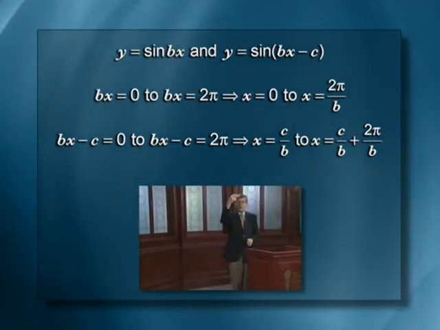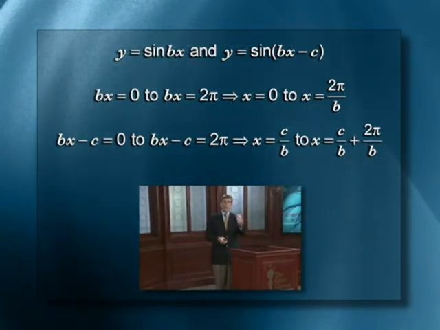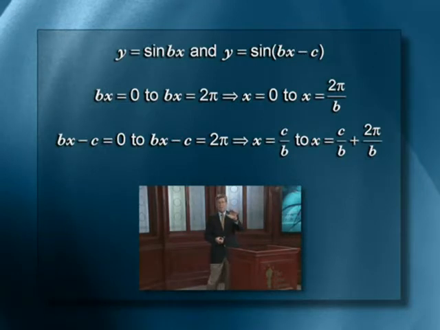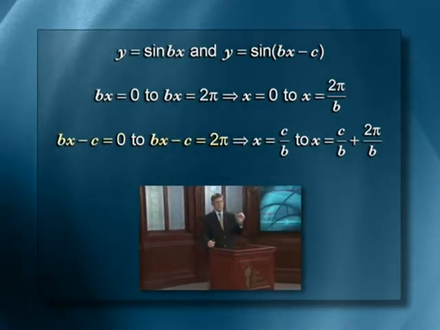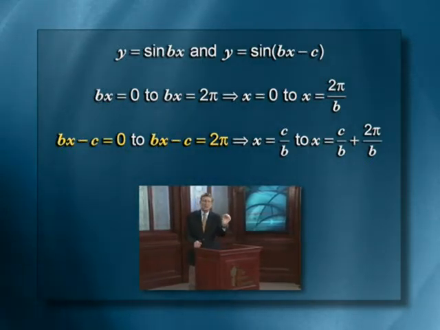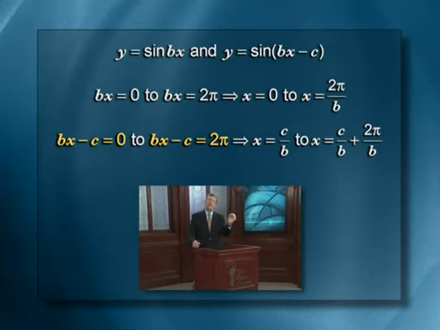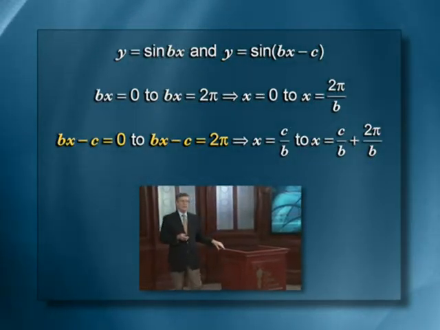And remember, the period was 2 pi over b. And that's what we're saying. The finishing value is c over b plus 2 pi over b. Now, I don't necessarily recommend you memorize that. Most people do the following. They solve the equations bx minus c equals 0, and the other equation bx minus c equals 2 pi. But either way gives the same answers.